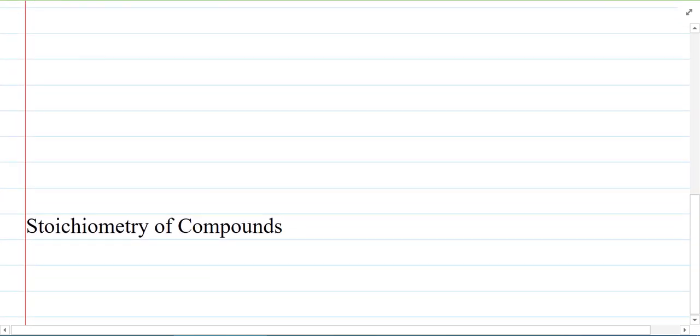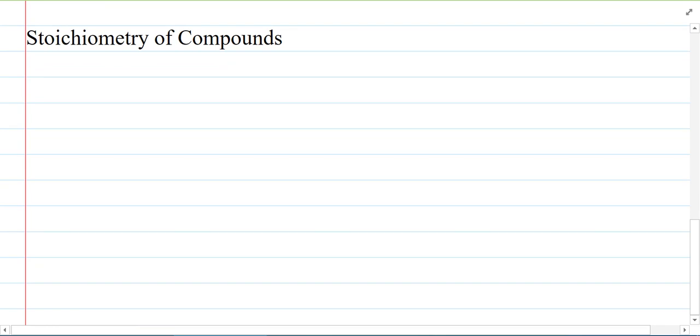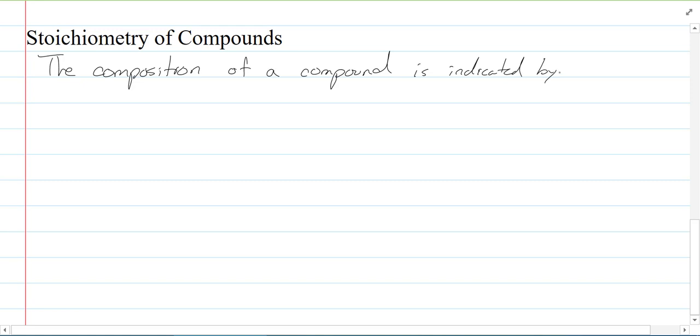So this leads us now into the stoichiometry of compounds. Going back to formulas, very important. The composition of a compound is indicated by a formula. What does this formula provide?